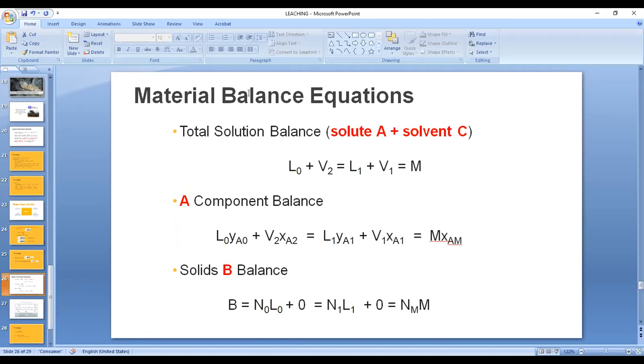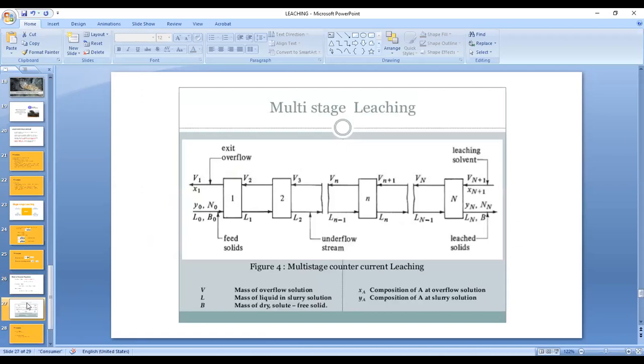The principle that was explained here on single stage leaching, the same principle applies for multi-stage leaching. We just have a different manner of presenting the streams because this time we already have stages. Small n is for a particular stage and capital N is for the Nth stage.